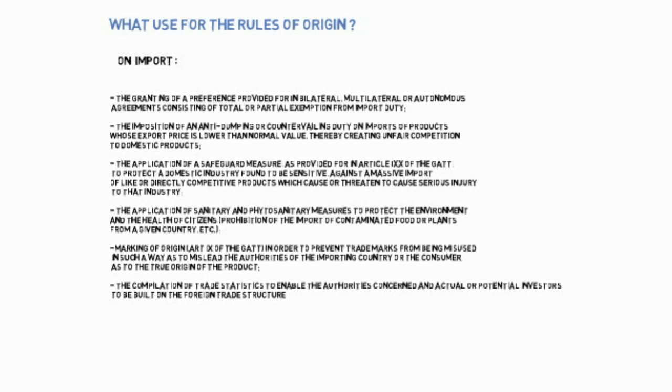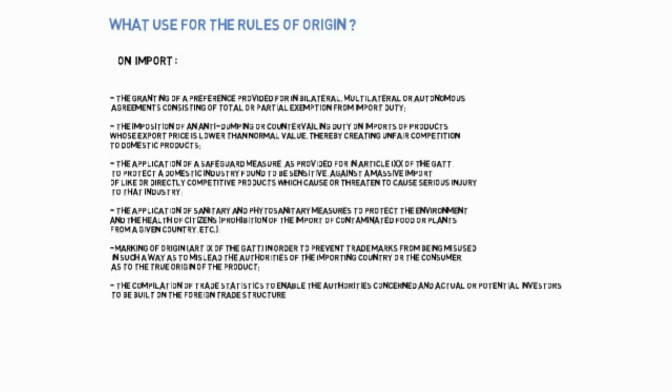Thus, it can be concluded that rules of origin are an inseparable part of any trade agreement. The use of these rules allows to restrict its scope of application, or to boost trade between partner countries, and promote the integration of their industrial fabric.